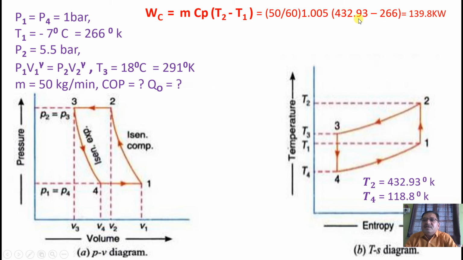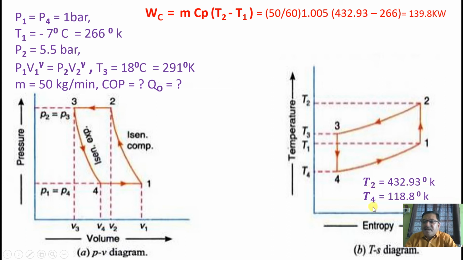So this 432.93 is in degree Kelvin for the value of temperature T2. We have found it out previously; I have just written it here from the last slide.